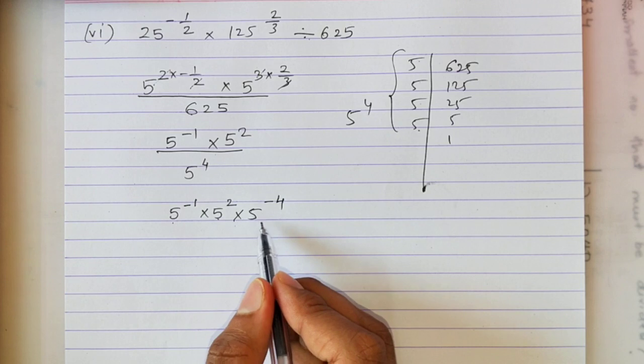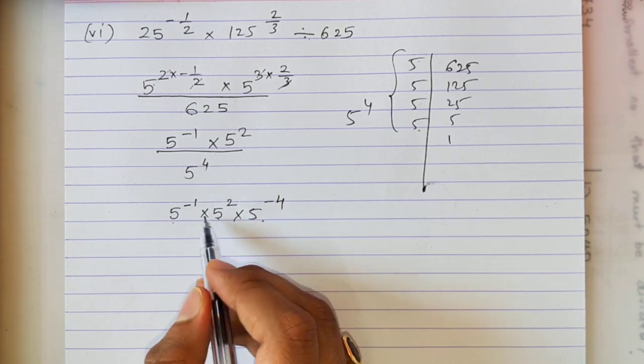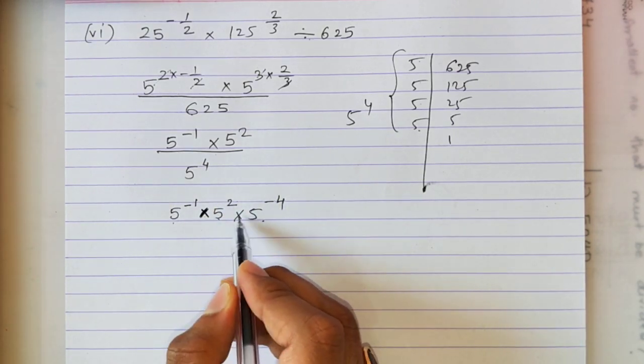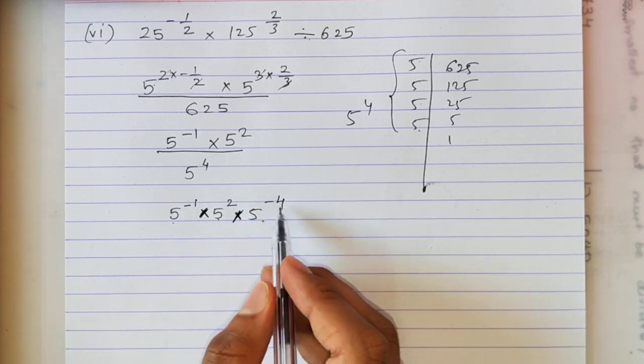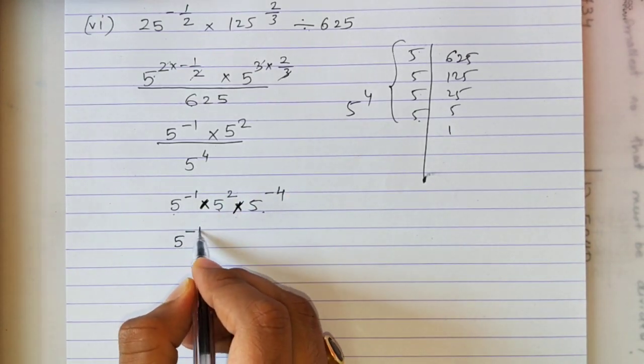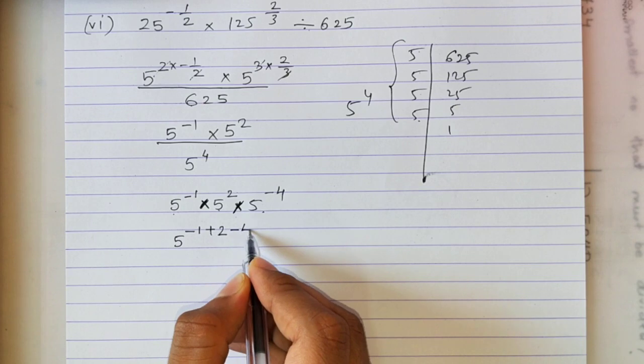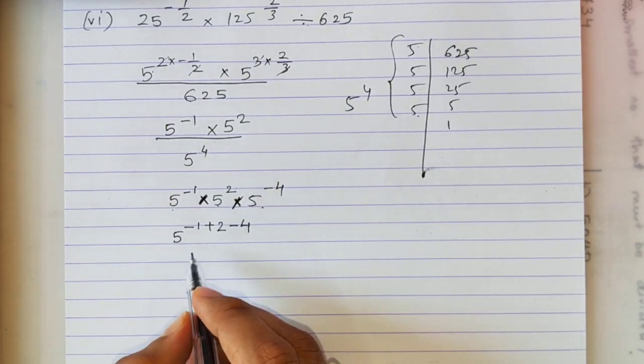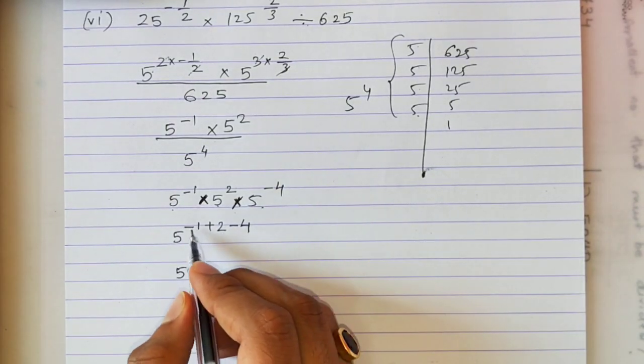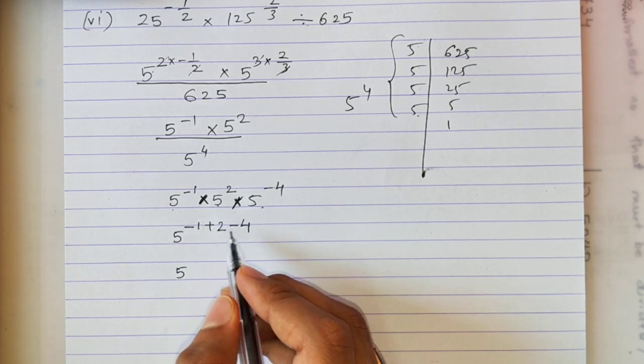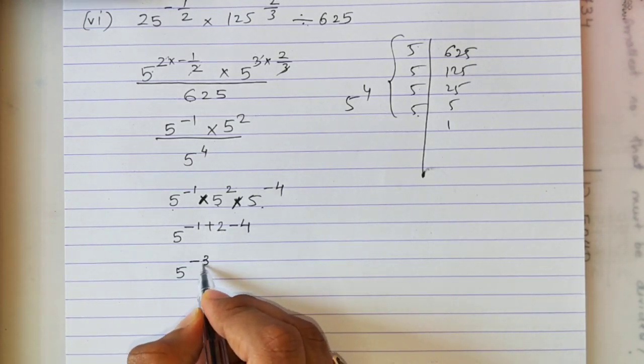Now the base is same, so the powers will get added. When the base is same and there is a multiplication sign, powers will get added. So it will become minus 1 plus 2 minus 4. Minus 1 plus 2 is plus 1 and 1 minus 4 is minus 3.